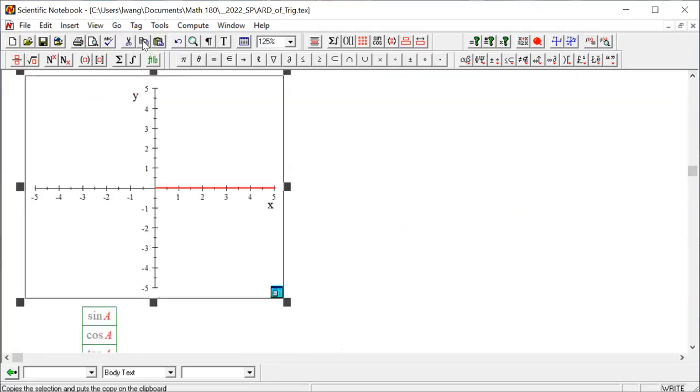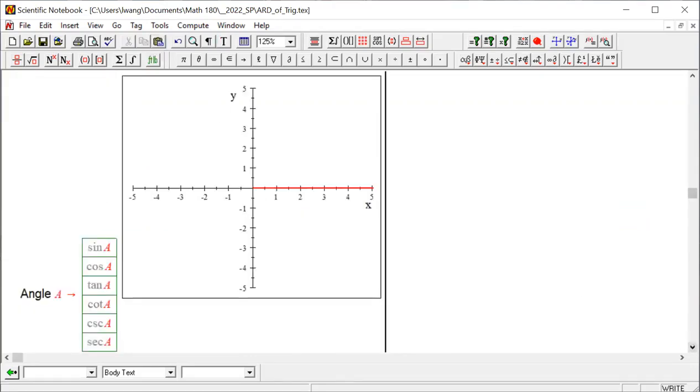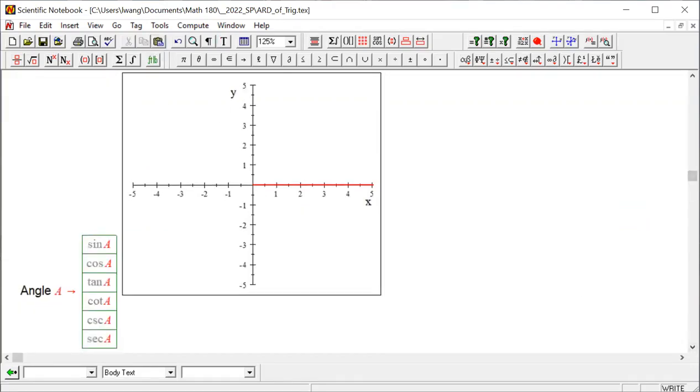So we have the standard position, we measure our angle, and we have a terminal side. For example, the terminal might be here, and the point x, y can be anywhere on the terminal as long as it is not the origin.